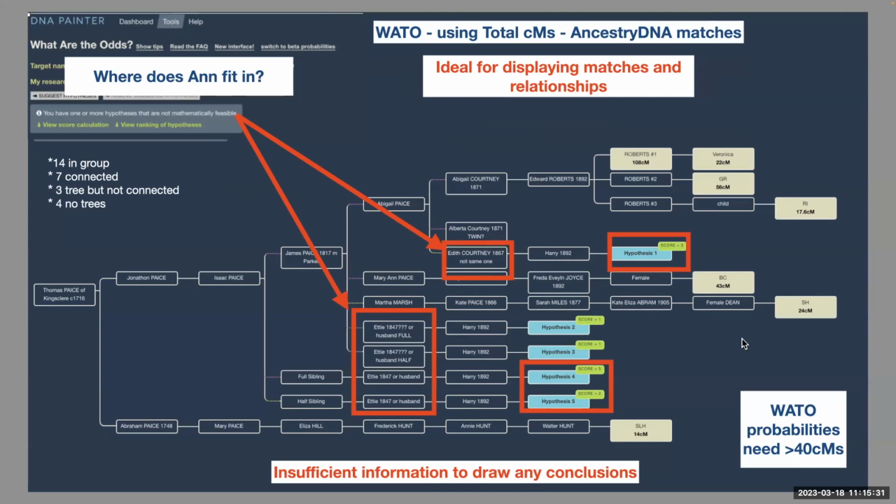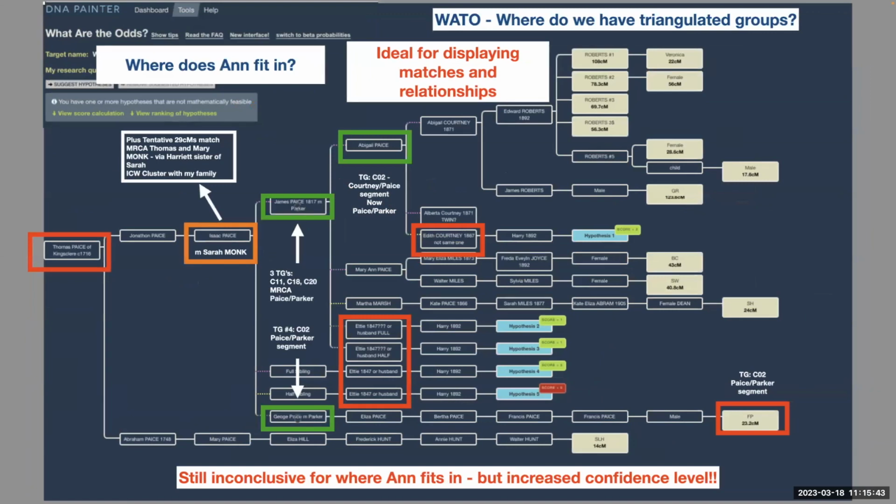So I've got in here some various possibilities that I think she might fit, where she might fit, but it's very inconclusive. But again, you might want to use that chart as evidence somewhere. What I would then do is add to that PowerPoint, on top of an overlay on the Watto chart, details about triangulated groups that I've got.